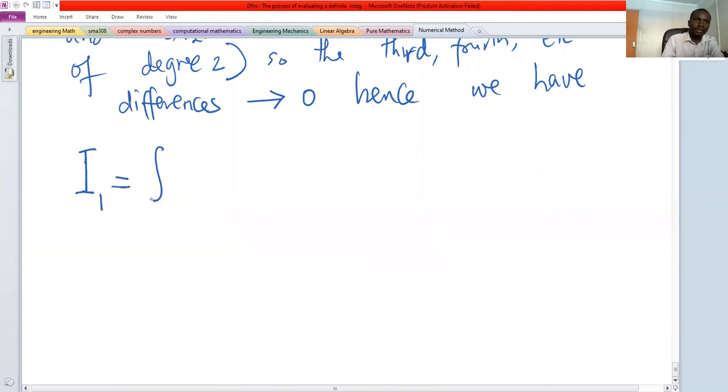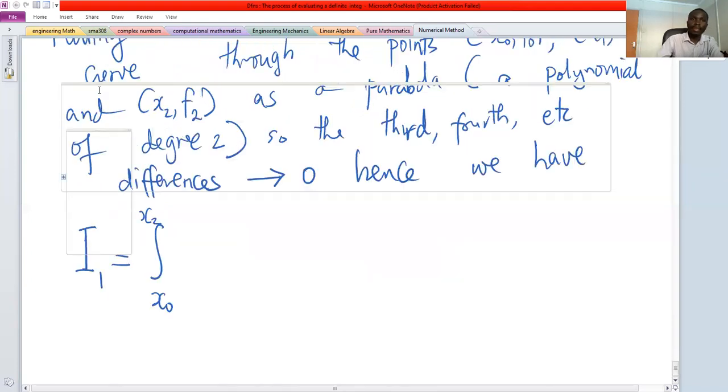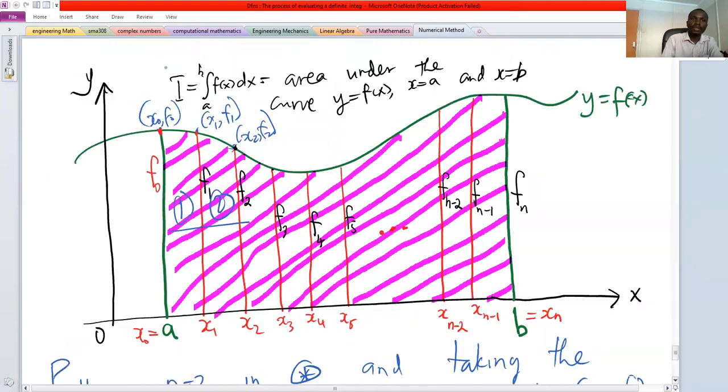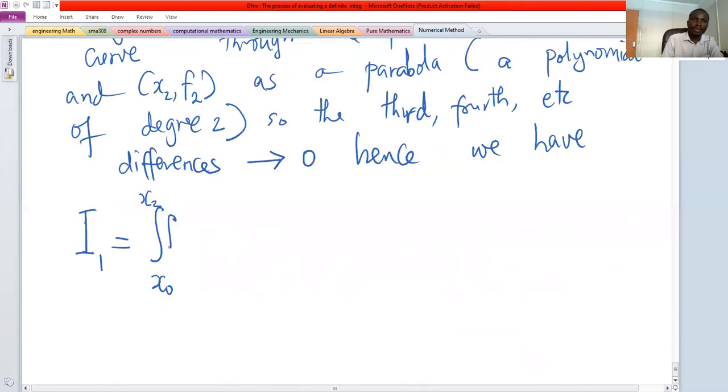So we'll say I1 is given by the integral from x0 to x2, starting from this point to this point here, of f of x dx, which equals nh, where n is 2. So we'll have 2h into f0. Remember, the next term is n over 2. When you put 2 over 2, it is just 1.